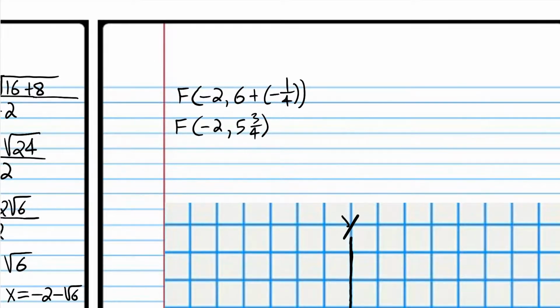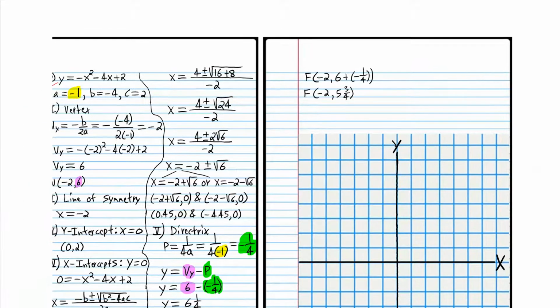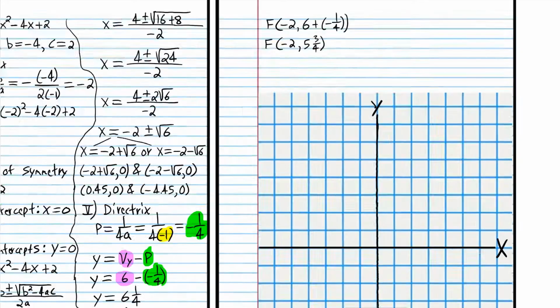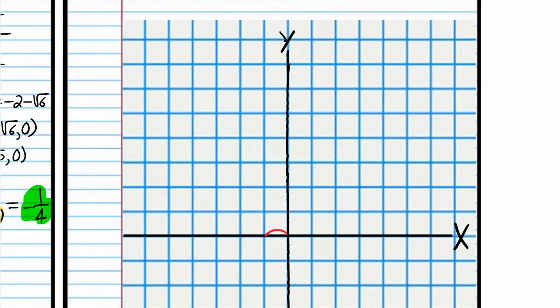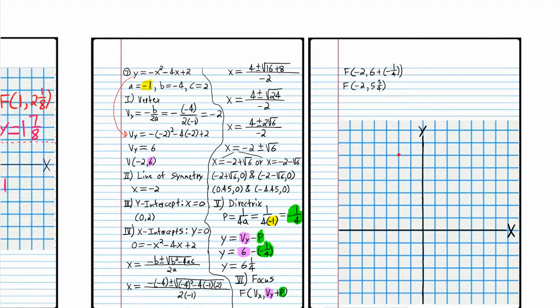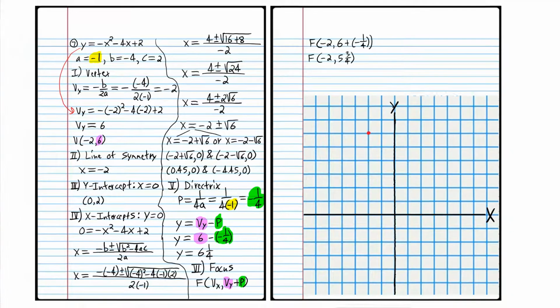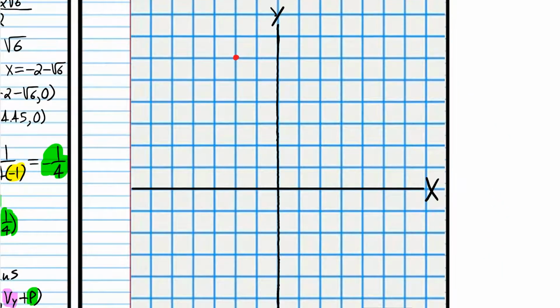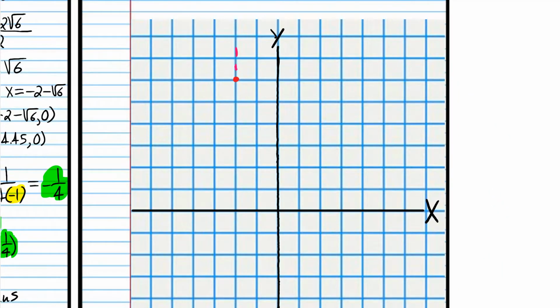Okay, so now we're ready to graph. So let's graph the most important points. Our negative 2, 6, that's the vertex. 1, 2, 1, 2, 3, 4, 5, 6. And the line of symmetry is x equals negative 2, of course, so we can go ahead and draw that.